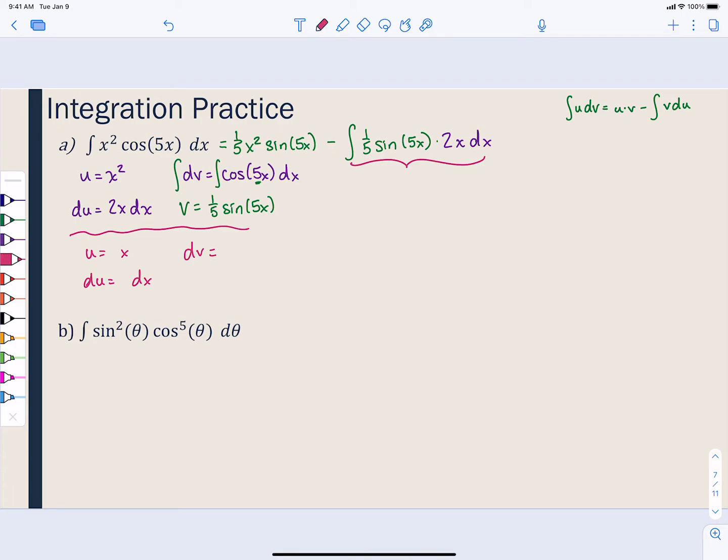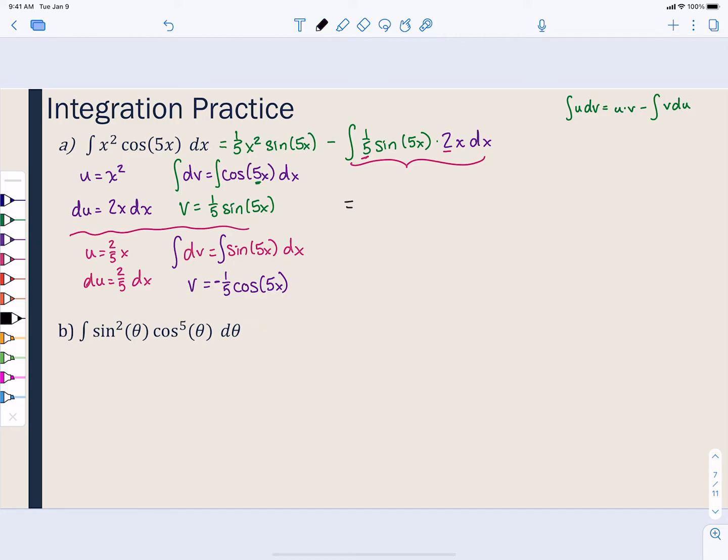As I said in class when we first did this, I like to take that whole coefficient, so both the 1/5 and the 2, and put it in with my u, because then I just have to deal with sine of 5x dx there. And then we'll take the integral of both sides, and we'll get v is equal to 1/5. Nope, it's going to be negative because we're going to get cosine. So negative 1/5 cosine of 5x.